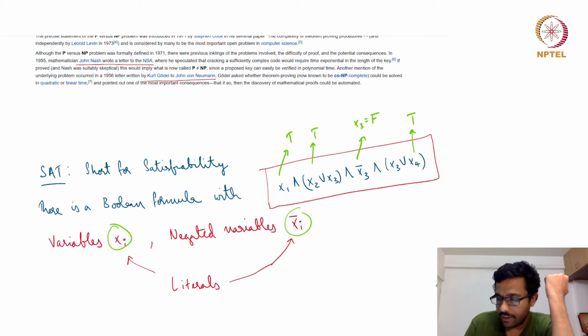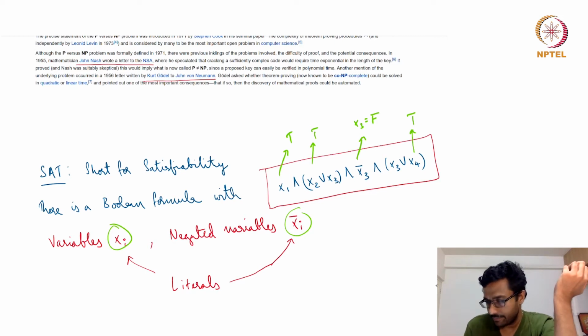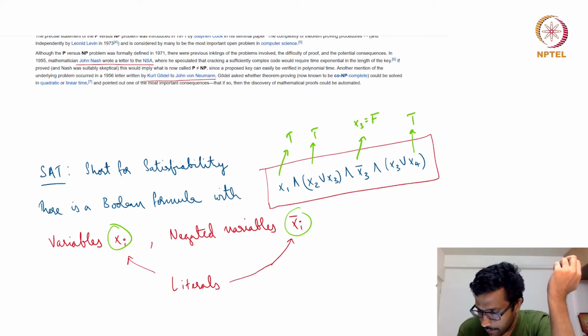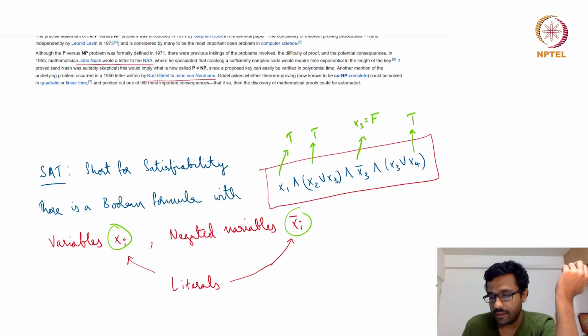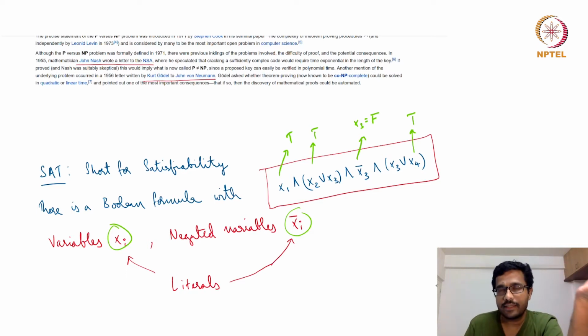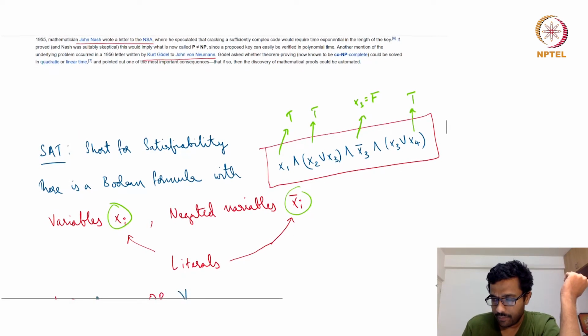So one way to satisfy this Boolean formula is for x1, x2, x4 to be true and x3 to be false. It looks like this is the only way, but it doesn't matter whether it is the only way or one among many. The point is that there is one way for it to be satisfied.